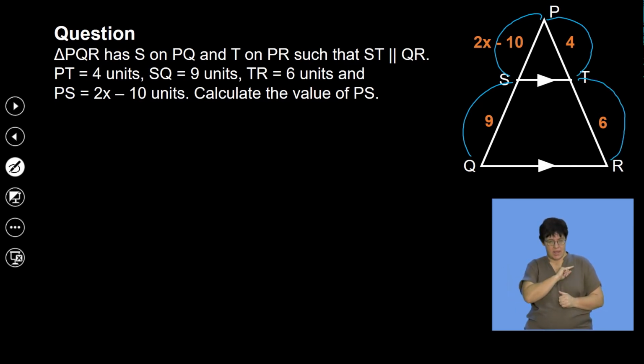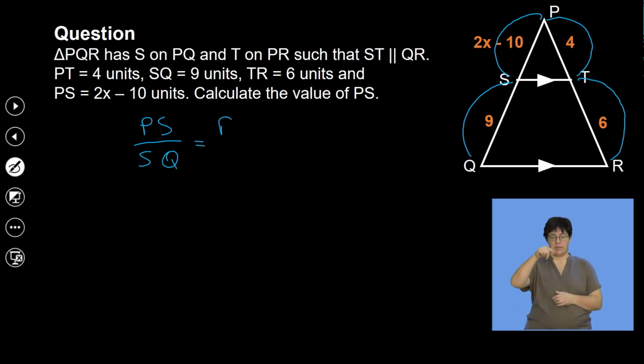Why? Because of the proportionality theorem. So that's our leading point there. So I'm definitely going to say PS over SQ must be equal to PT over TR.